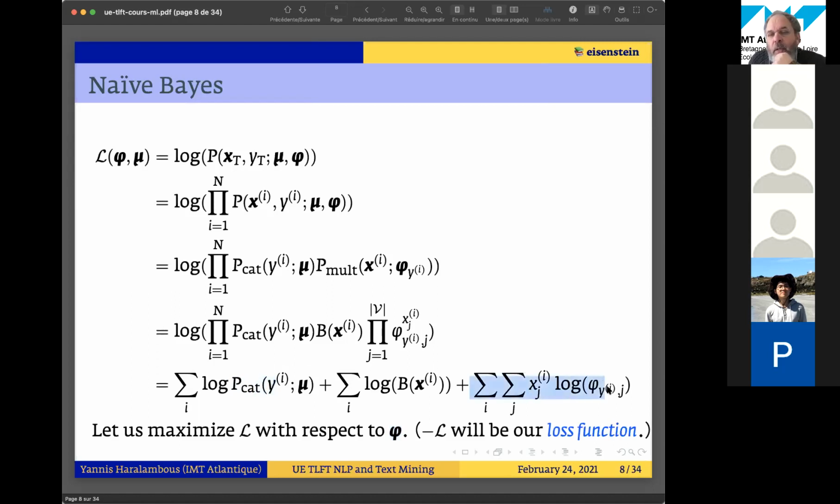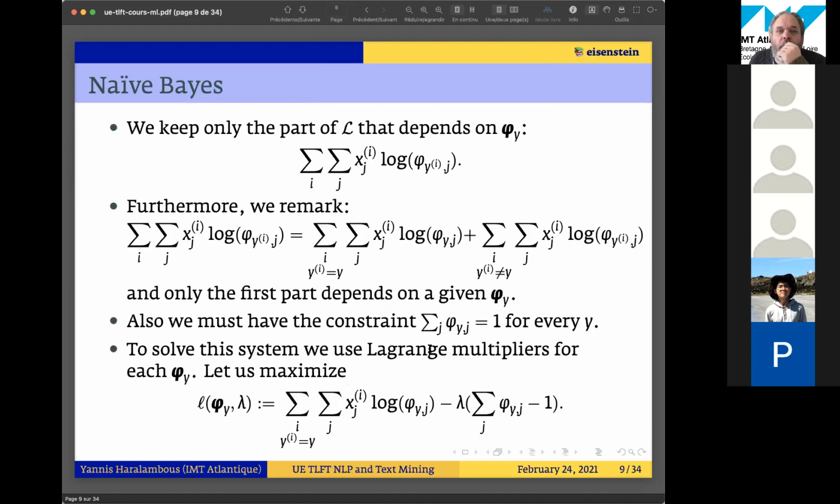So this is the only part that depends on phi. So I keep only this part. And this part is a sum on i, so i are the documents. And now I want to maximize, so essentially take the derivative of this with respect to phi y.